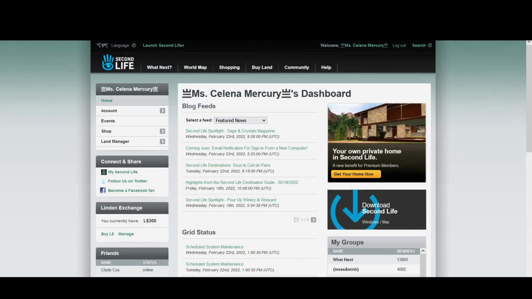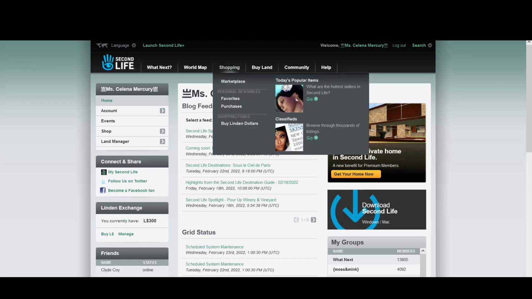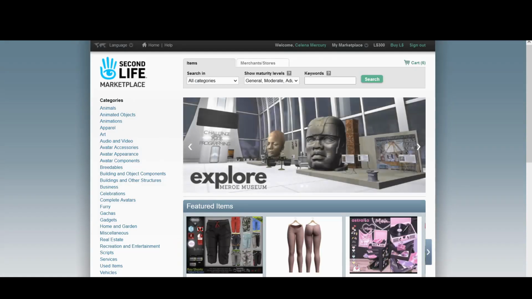The first way of doing this is to go to your secondlife.com dashboard and to go to the shopping tab, and you're going to go into marketplace. You're going to click marketplace, and when you click marketplace, you are going to type in parcel.